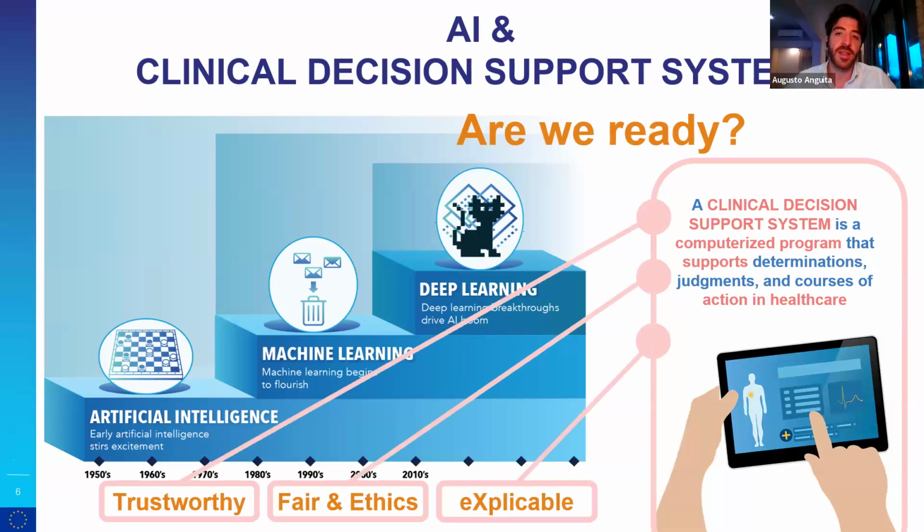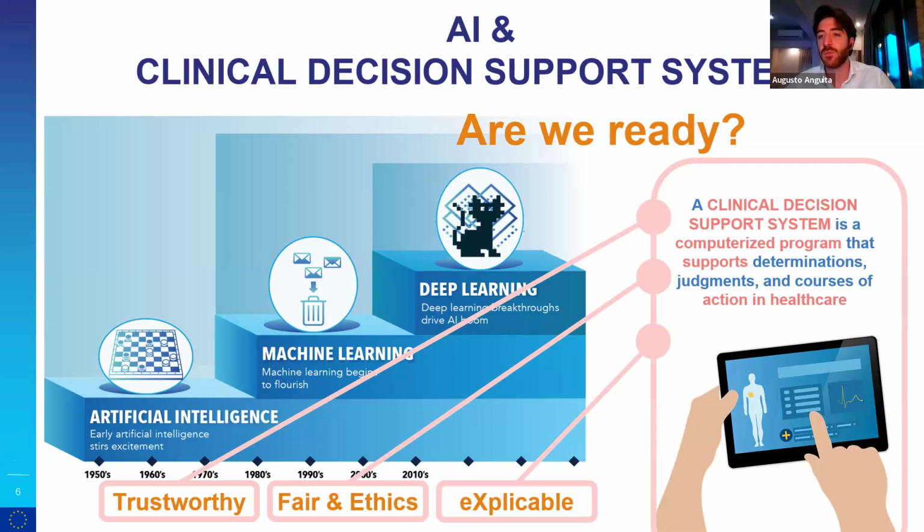For answering this question, first we need to understand some basic properties of a clinical decision support system, and we will see if we are close to implementing machine learning as a CDSS. First, it needs to be trustworthy, of course. This is the basic property, but it also needs to be fair and ethical.